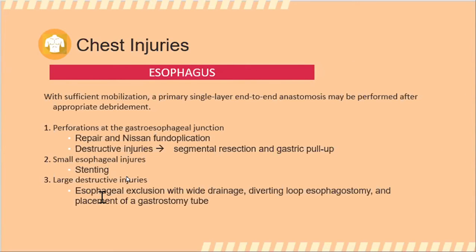Aside from being technically difficult and taking a long time, you need resources, blood, etc., that are not available at the moment of your operation. So your immediate plan is to just divert first. Divert the esophagus for drainage and stabilize the patient. Insert a gastrostomy tube for feeding. And once the patient is stable, go back to the OR for definitive repair.